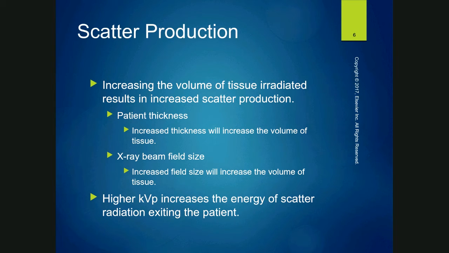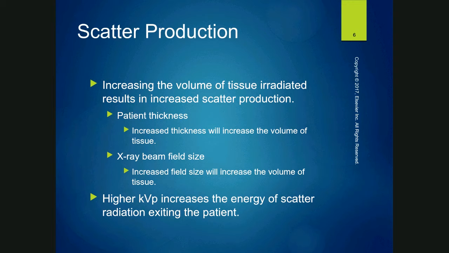The second thing is your X-ray energy. Using a higher kVp technique is going to increase the production of scatter inside the patient. I don't want to bog you down with this too much, but basically the higher the energy is, the more likely the scatter is to continue going in a straight direction. Remember we said that with the Compton interaction, the angle that it's deflected tells you how much energy it lost.